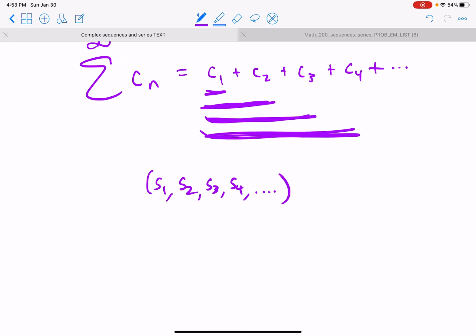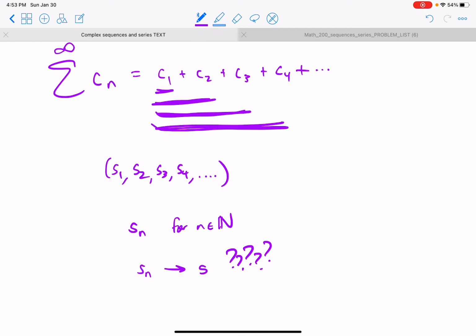Then we ask, does this sequence, the s sub n, for n in N, converge to some number little s? If it does, then we say that's what we mean when we write this.